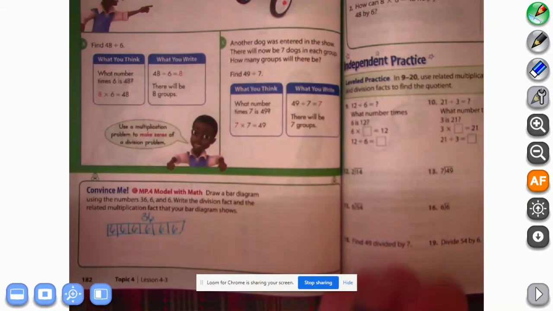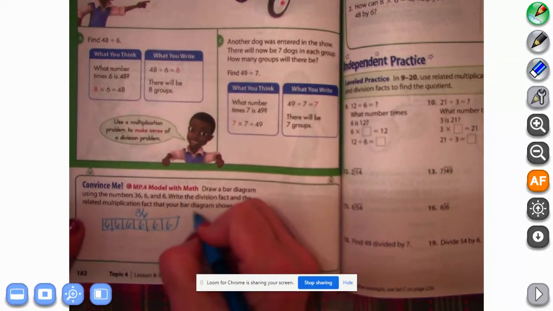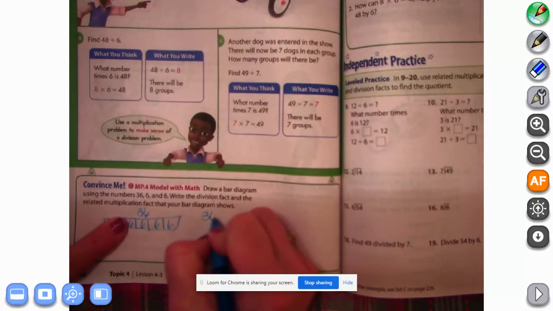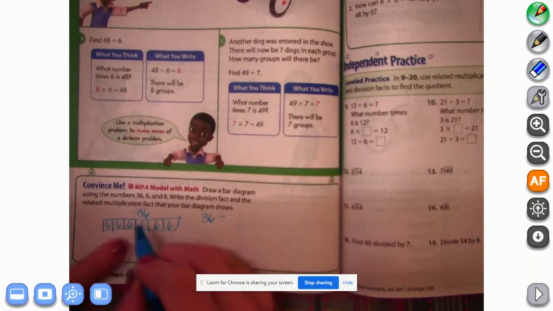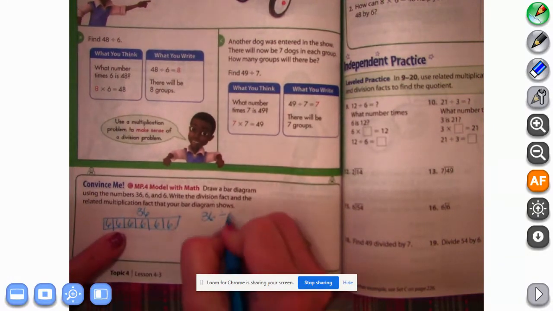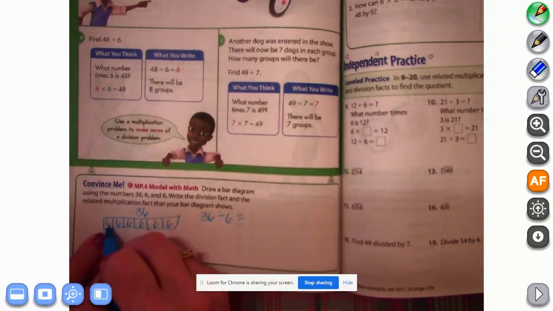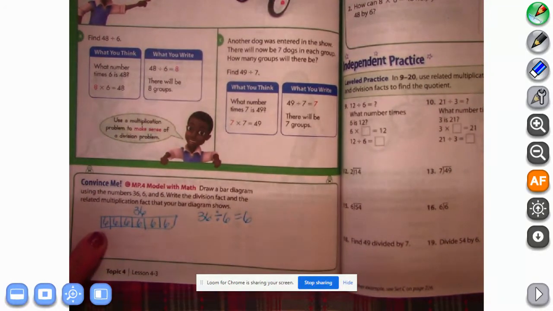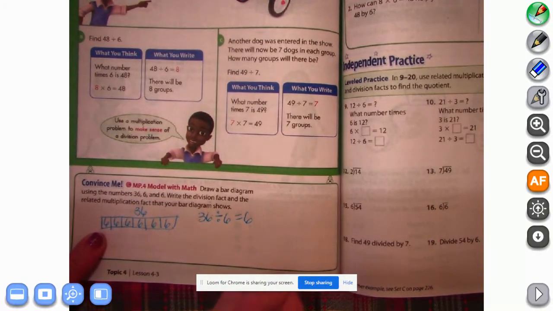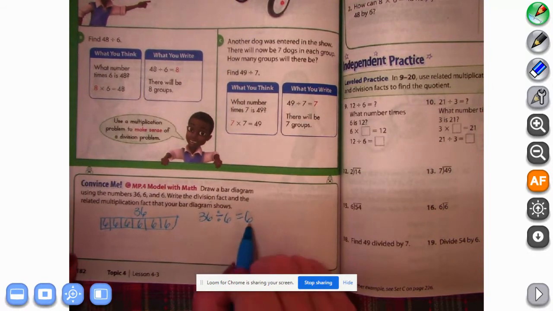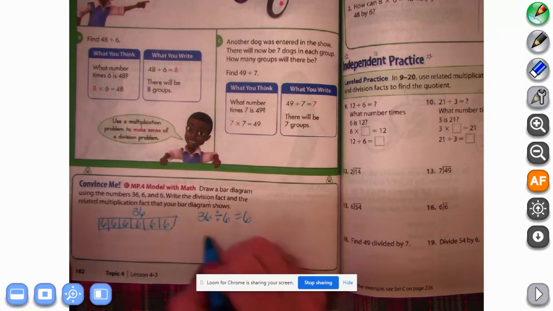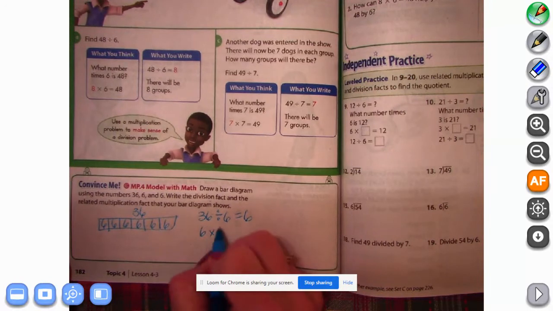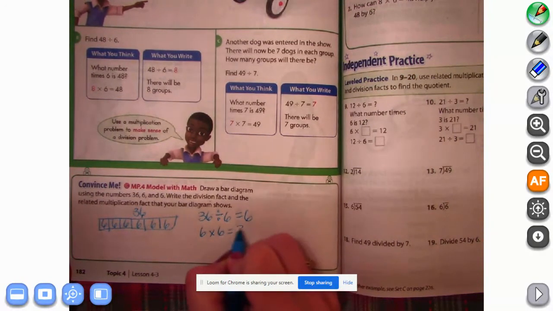All right, so if we do our division fact, the total is 36 divided into how many groups? 6 groups will give you how many in each group? 6 in each group. If we know 36 divided by 6 is 6, then we can do the multiplication fact: 6 times 6 equals 36.